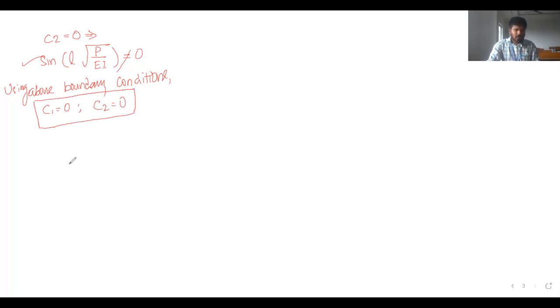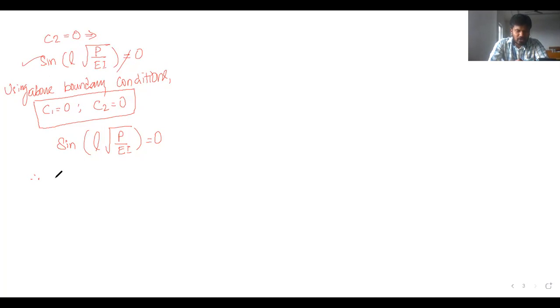So sine L into root under P by EI is equal to 0. We got the equation. Therefore, when can we get sine equal to 0?